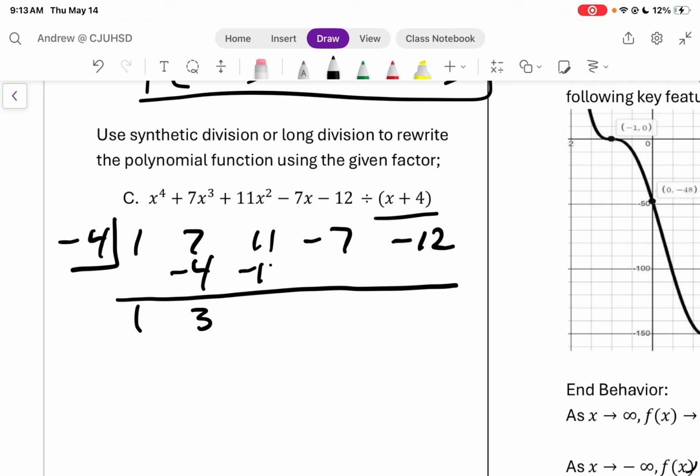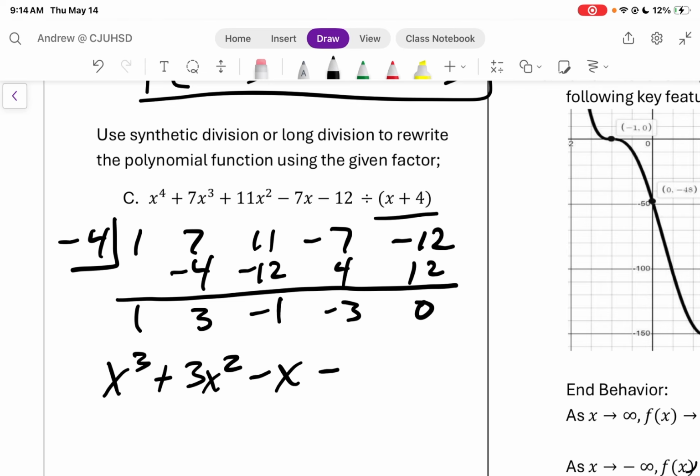Multiply times negative 4, then add. Multiply, then add. Multiply, then add. So no remainder. That means that the original equation has turned into x to the third plus 3x squared minus x minus 3.